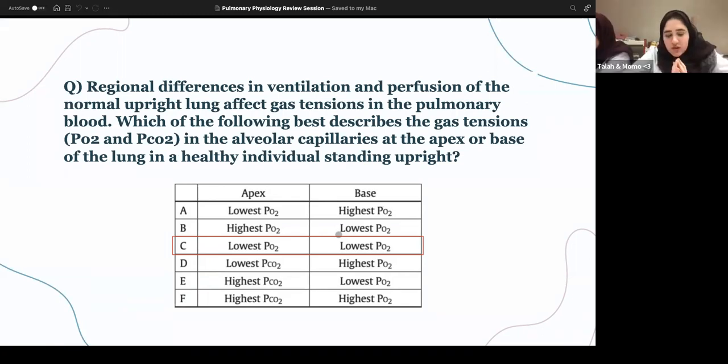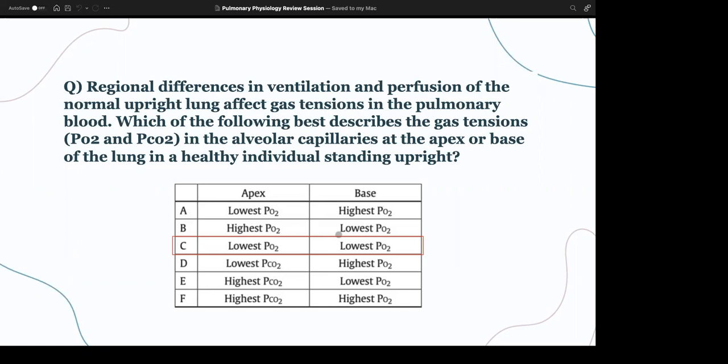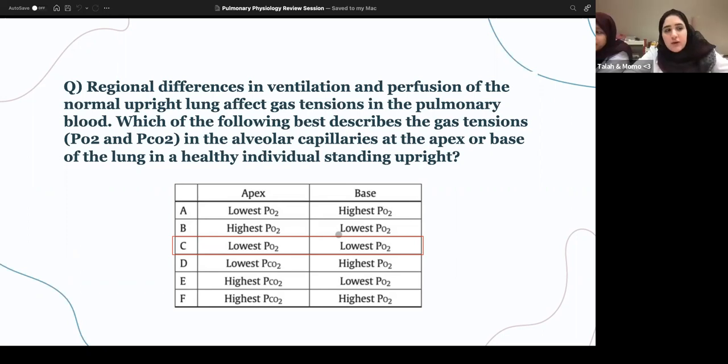Because we're not talking about the alveoli in the apex, we're talking about the capillary. We want to know the PaO2 in the capillary. You're right, the oxygen is at maximal capacity in the apex if we're talking about the presence of oxygen inside the alveoli. But if we want to know how much oxygen is in the capillaries that supply the apex, then it's going to be very low, because again, we said that the apex is part of the alveolar dead space. You get me?